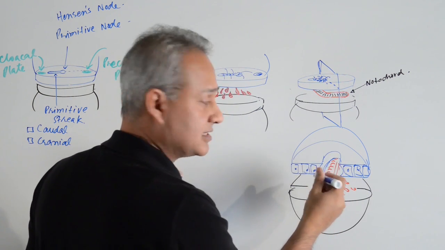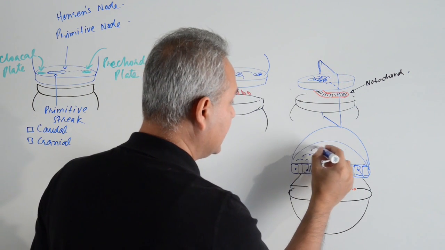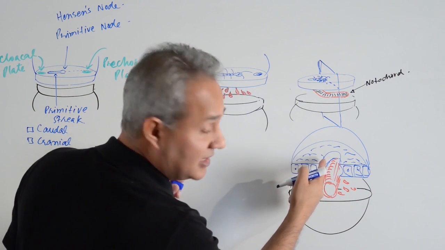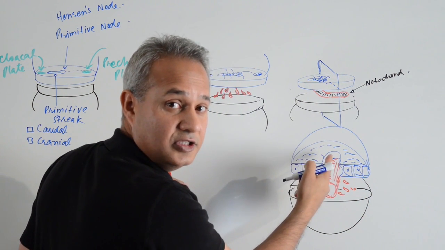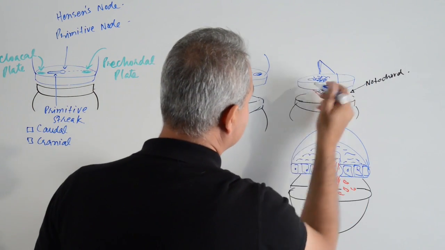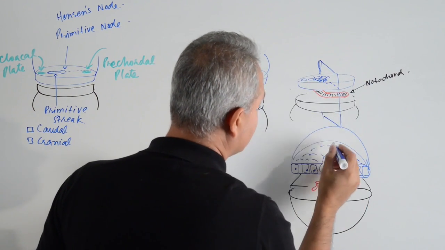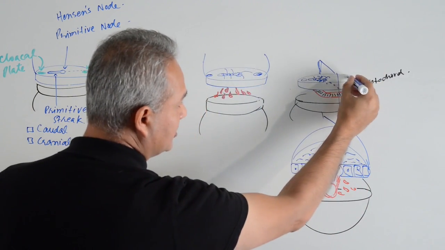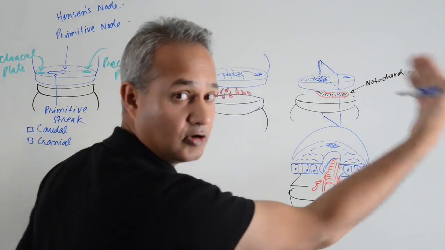This is the epiblast layer. In the epiblast layer, this is the primitive streak. Of course, if we are seeing from this side, you would see the cloacal membrane somewhere over here. We cannot see the buccopharyngeal side because we have cut that off.